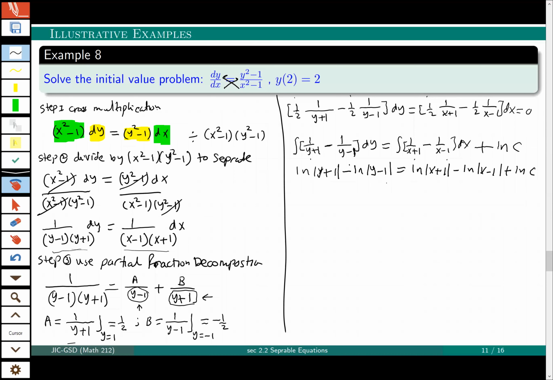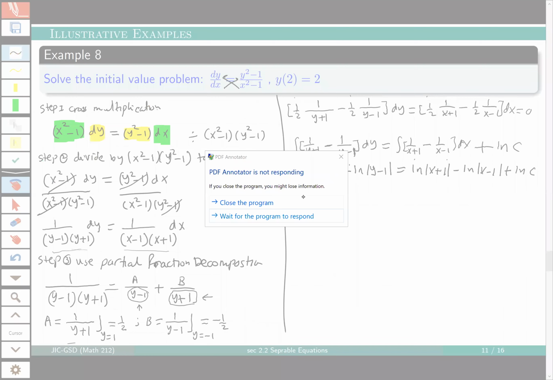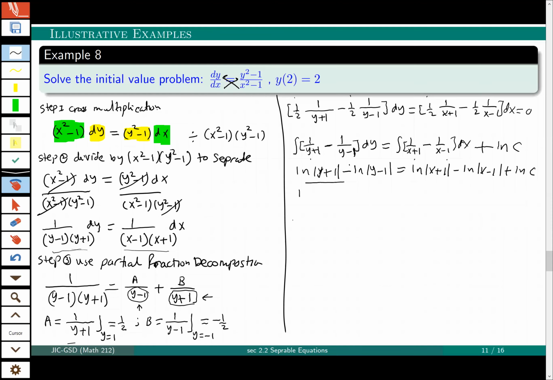Now, here we have to apply the logarithmic rule. If I have subtraction, we can change it to division. Now, this can be changed to, again, we have to be patient, absolute value of y plus 1 divided by y minus 1, will be changed to division over x minus 1 with the constant.